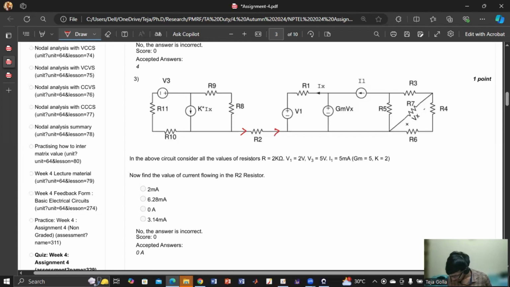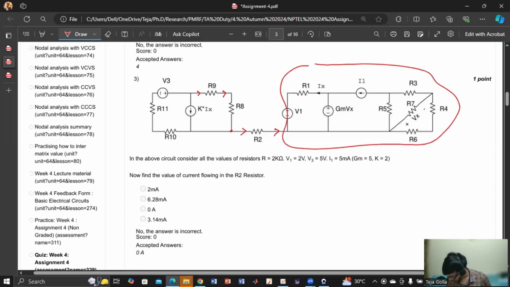Say R9, if the current is flowing from this circuit, it will return. But for R2, there is no such return path. This entire circuit is a separate part, and this entire circuit is a separate part.